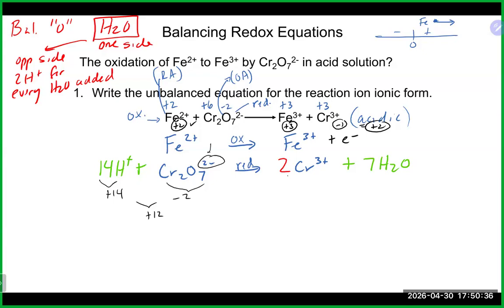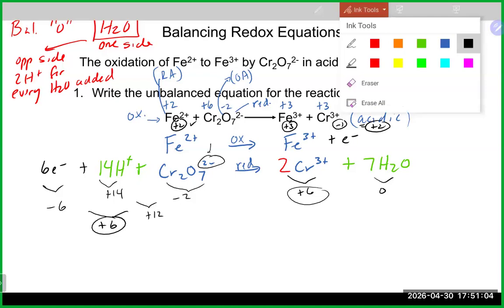On the right-hand side, that's a +6, and that's a 0. In this particular case, it looks like we will need 6 electrons over here on the left-hand side. That's going to give us a -6 and a +12, gives us a +6 on the left, again, to match the +6 here on the right. Any questions on that there?